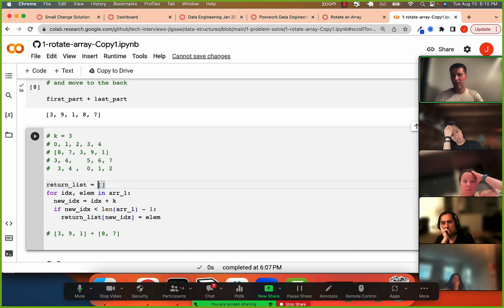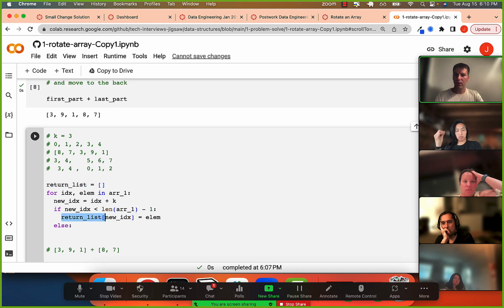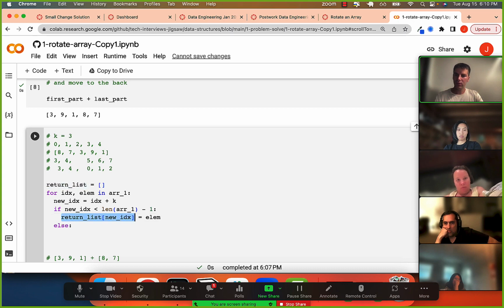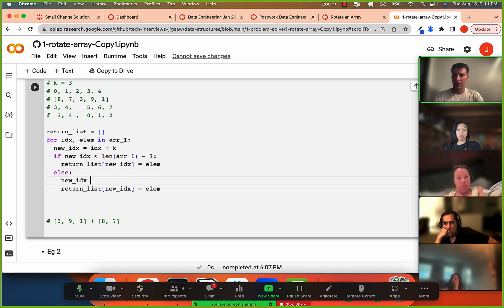I know we're going to have to first populate it with null values. Otherwise, I think what we'll want to do is take the new index and subtract the length of the list. Take the new index, like 5, 6, 7, and subtract the length of the list to bring it down. I'll just say new index equals the new index minus the length of the list.